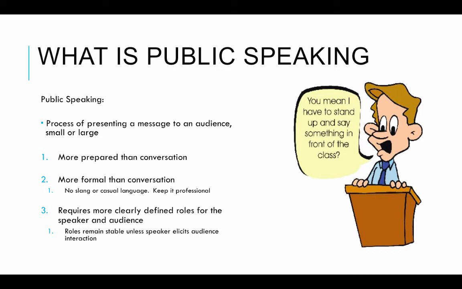We are not going to interrupt that speaker unless the speaker asks us for interaction. Maybe they say, by show of hands, raise your hand if you've ever, or has anyone ever experienced this, or would someone like to share their experience? So unless the speaker elicits interaction from the audience, we have very clear, stable, defined roles.